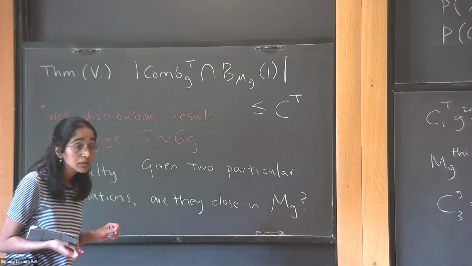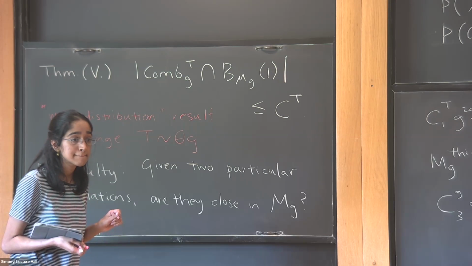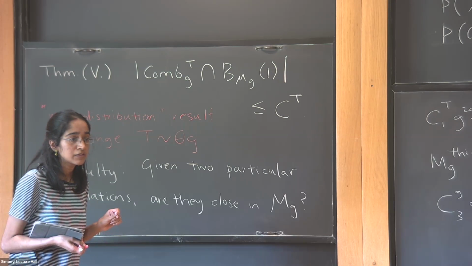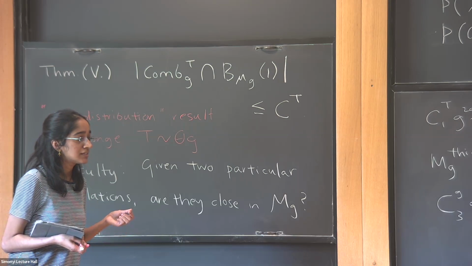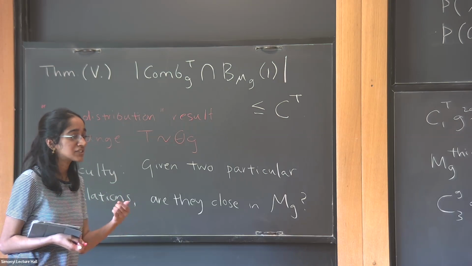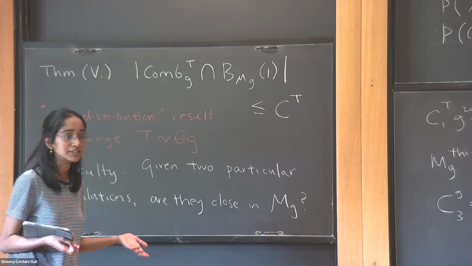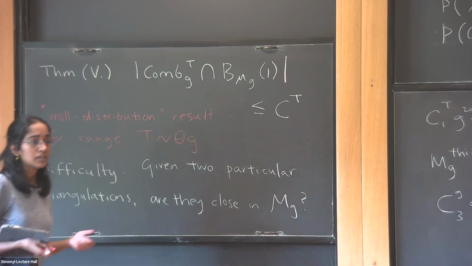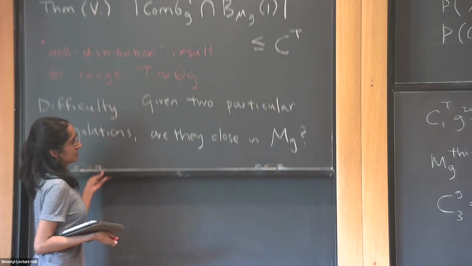Can we have two triangulated surfaces which are combinatorially different but give the same point in M_G? It depends on how exactly you formulate the question, but if you formulate it correctly, I think the answer is unknown.